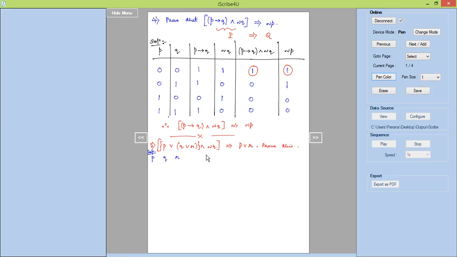We require Q or R, then we take P or Q or R, then we take negation Q. We will frame the table for this first.